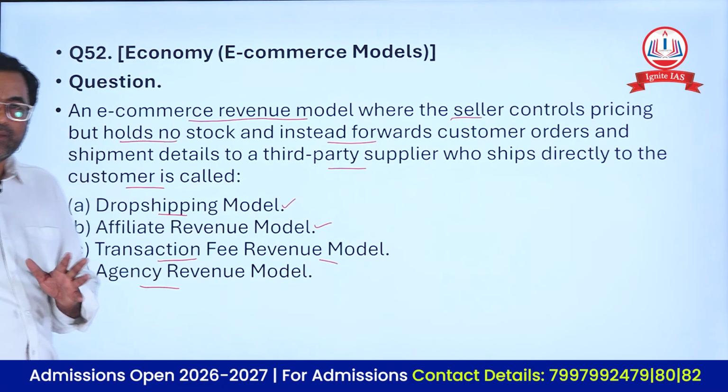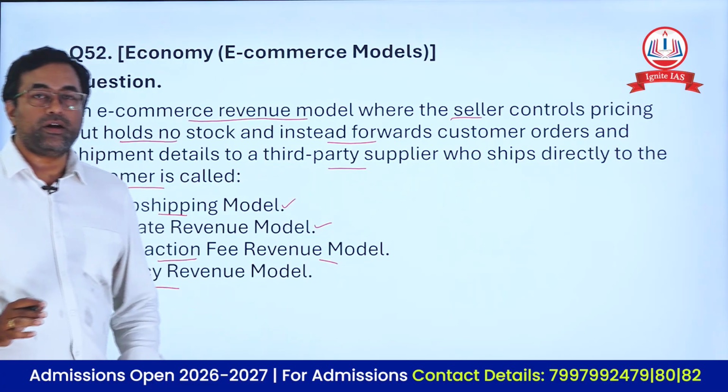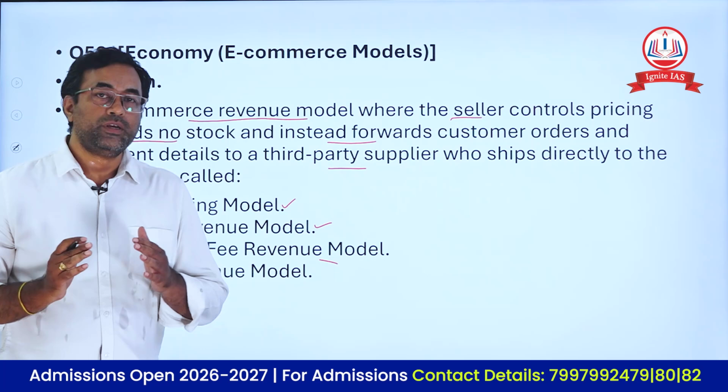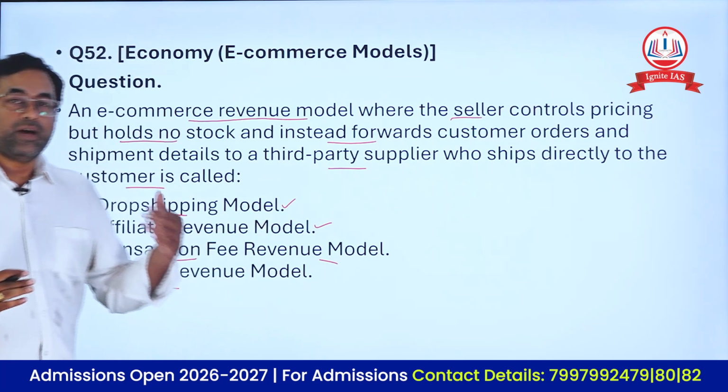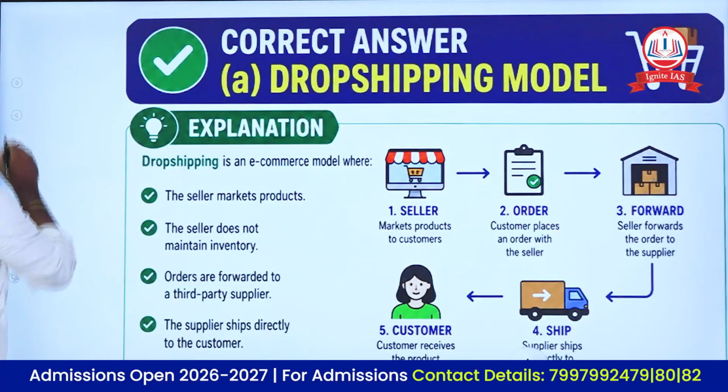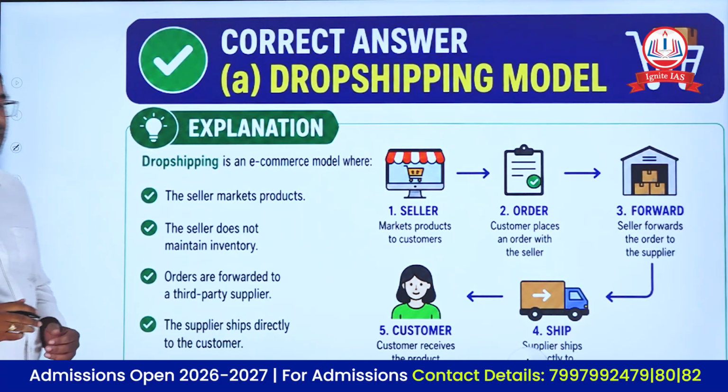So these are different types of models which have been operational in the recent past with respect to delivery of goods and other related information. The answer over here is the drop shipping model.